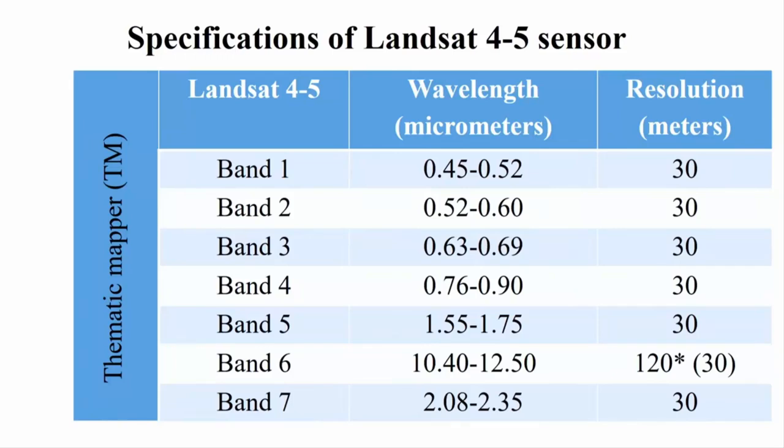Out of 7 bands, band number 6 is the thermal band, and all the others are bands from the visible range as well as the reflected infrared. Band number 6 has a spatial resolution of 120 meter, but the data set is resampled at 30-meter resolution, so that there is complete overlap up to the pixel level with the multispectral data set.